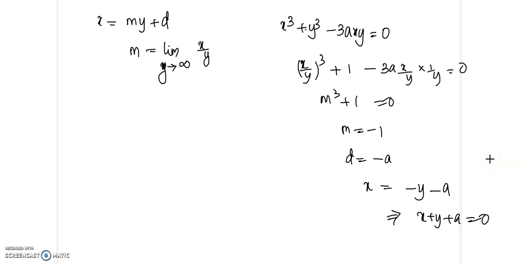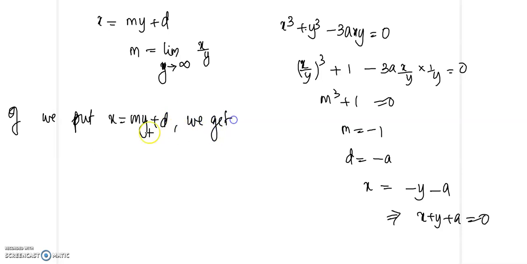So when you put x equal to my plus d, we are not going to get any new asymptote.